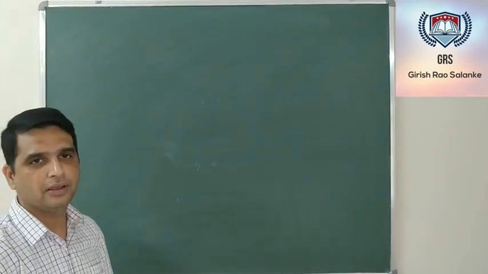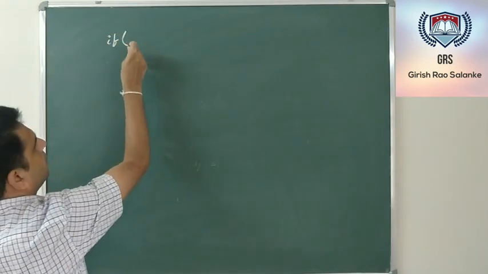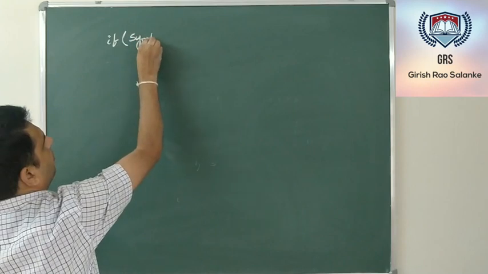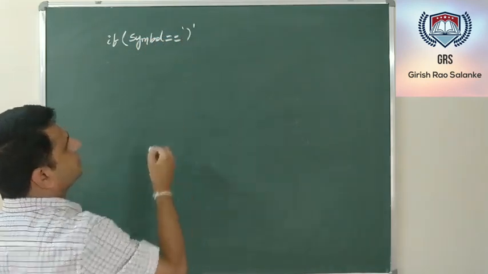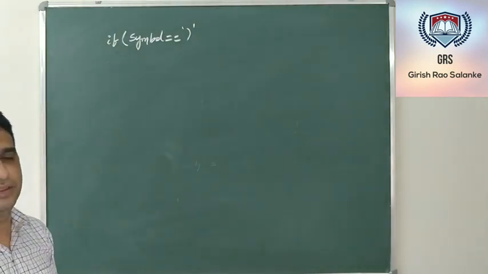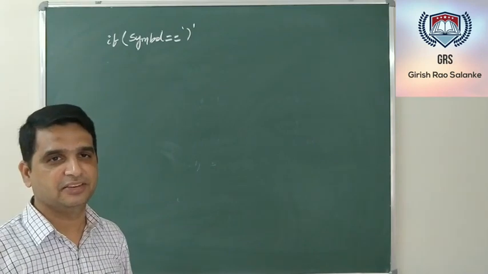Now after popping, I need to check if the scanned symbol was a right parenthesis. For a right parenthesis, I should get a left parenthesis when I pop.